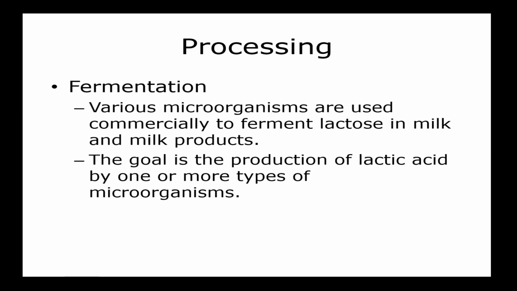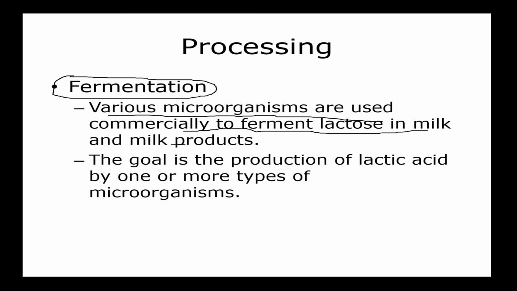Moving on to another process, the fermentation process, which most of you might be familiar with. Various organisms are used commercially to ferment lactose in milk and milk products. The goal is the production of lactic acid by one or more types of microorganisms. As we know, milk can contain microorganisms like Lactobacillus, which are used in fermentation for conversion of many other products.